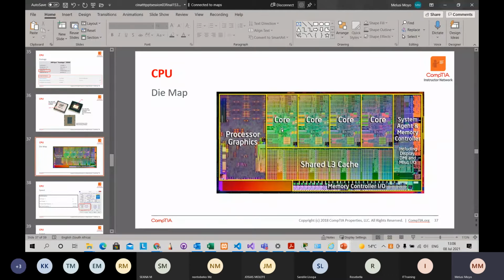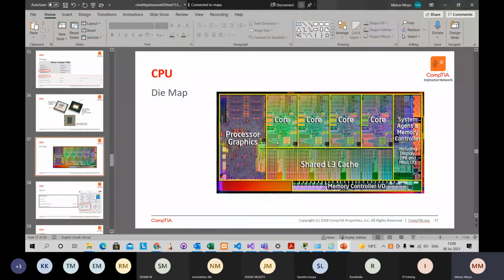So we have the core. We said inside this core, there must be an L1 cache. The CPU was processing 10, but it said, okay, I can't process all 10 of them at the same time. I need to store 8 somewhere. Where does it store that? It stores it on the L1 cache. But the L1 cache is not enough. If it's not enough for storing all those 8 other instructions, it moves to the L2 cache.